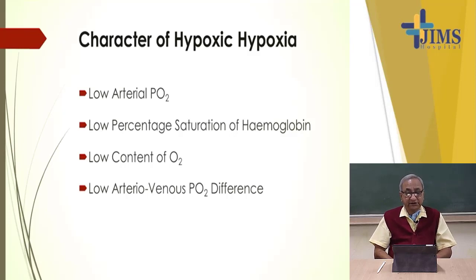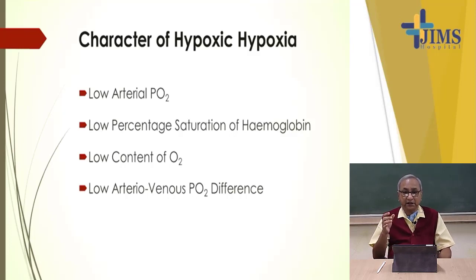What are the characteristics of hypoxic hypoxia? Number 1 is low arterial PO2, low percentage saturation of hemoglobin. If you take individual hemoglobin and see their percentage saturation, it is lower. Lower content of O2 in the lungs, and lower arteriovenous PO2 difference.